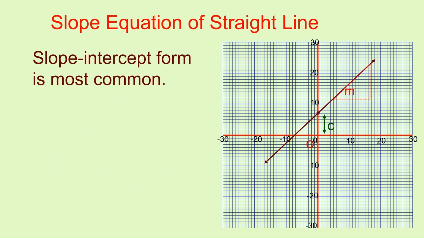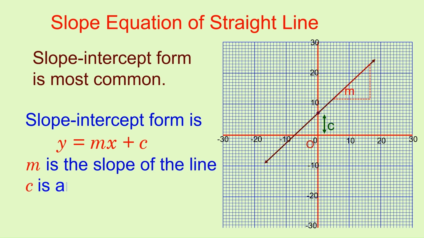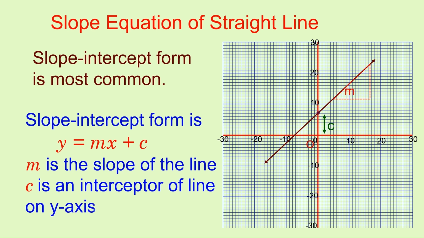Slope-intercept form is the most common. Slope-intercept form is y equals mx plus c, where m is the slope of the line, and c is the intercept of the line on the y-axis.